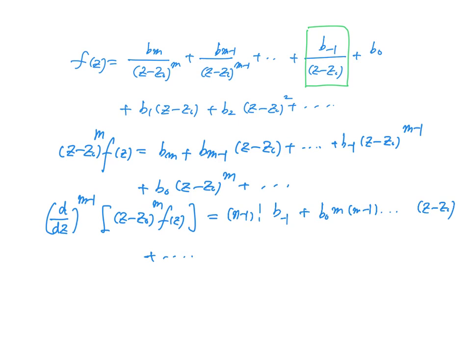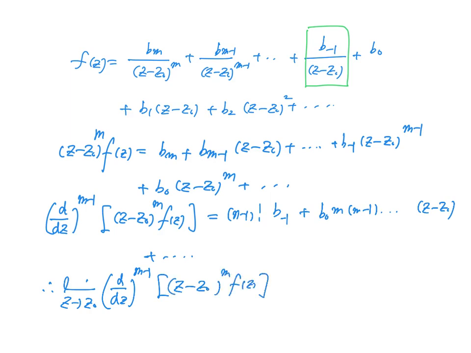So if you set z equal to z naught, in the limit it is m minus 1 factorial B minus 1.